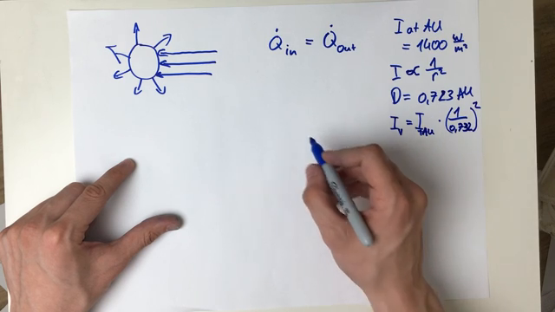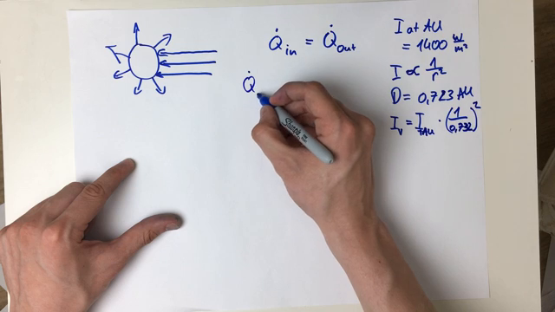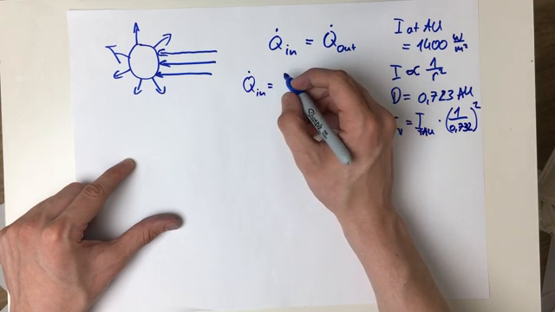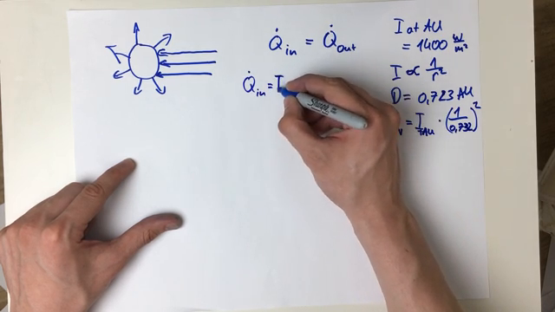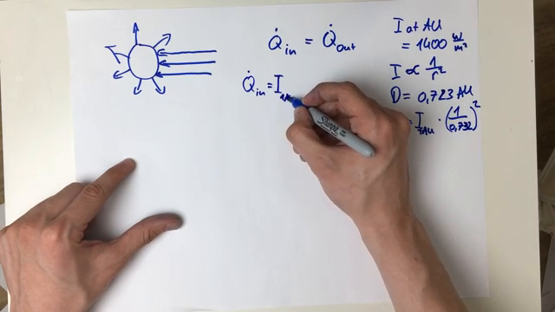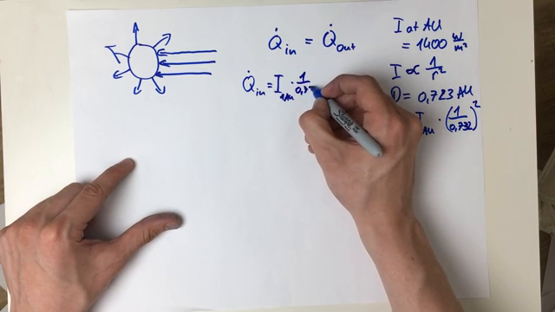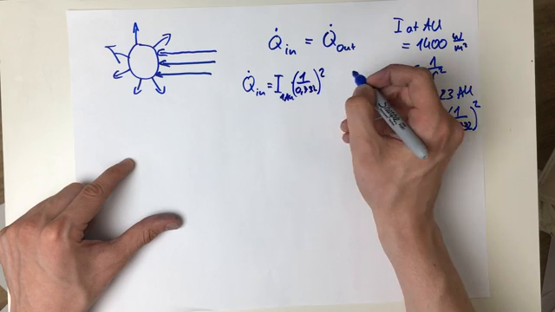Now, we can write down the energy rate input. That is going to be the intensity at Venus, which is going to be equal to this. So we know the intensity at 1 AU, times 1 over 0.732 squared.